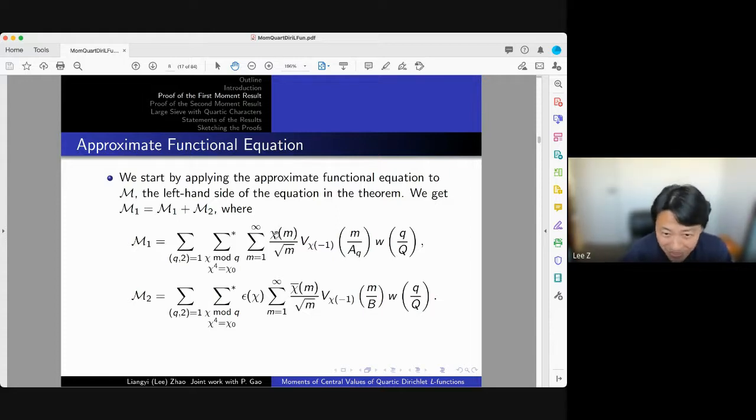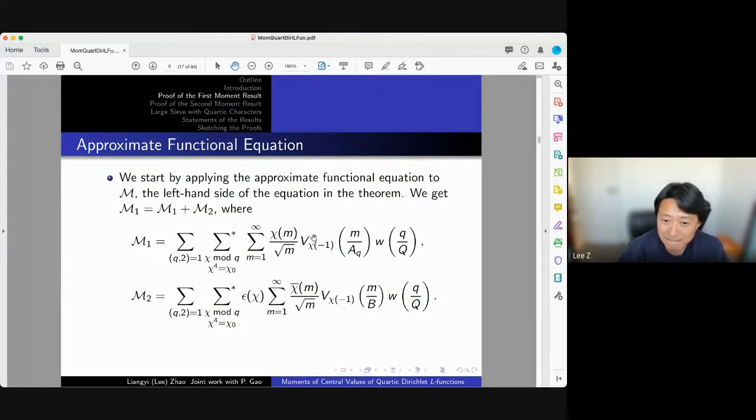We have chi upstairs, and then we have some m to some power downstairs, and then we sum over m. So this sum over m can be thought of as a Dirichlet polynomial. Remember, W has compact support, so m goes from 1 to infinity, but it's really a finite sum because W has compact support. All right, so the values of L(1/2, chi) are approximated by these two Dirichlet polynomials.